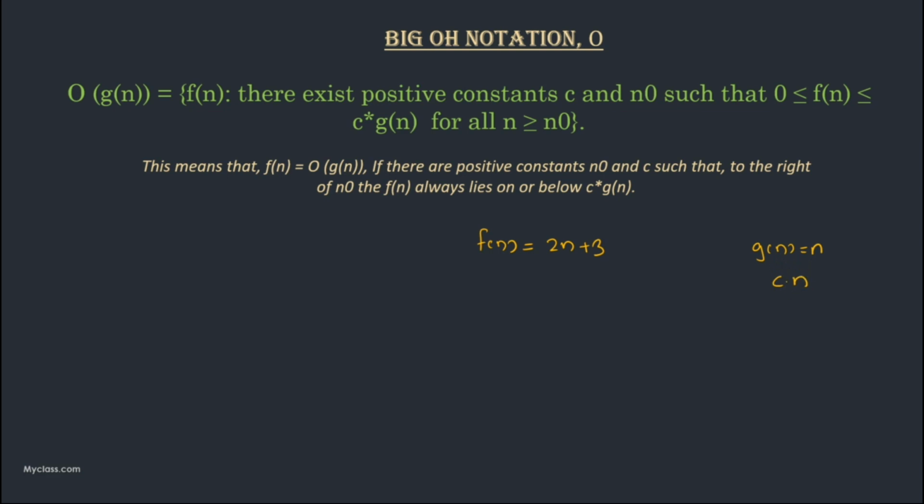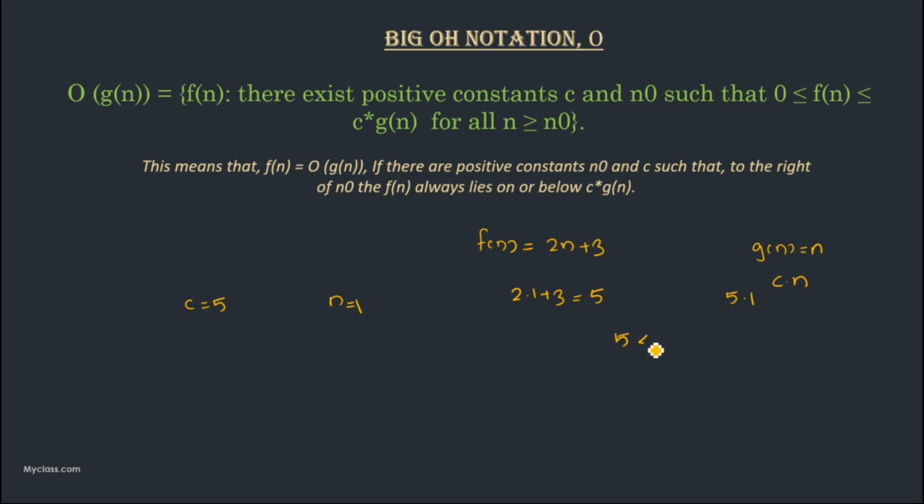Here the input size starts from 1. So for n equal to 1, the value is 2 into 1 plus 3, which is 5. So we can find that c equals 5 for our c into n. That means when n equals 1, 2 into 1 plus 3 equals 5. Our constant is 5 and the value of n is 1.